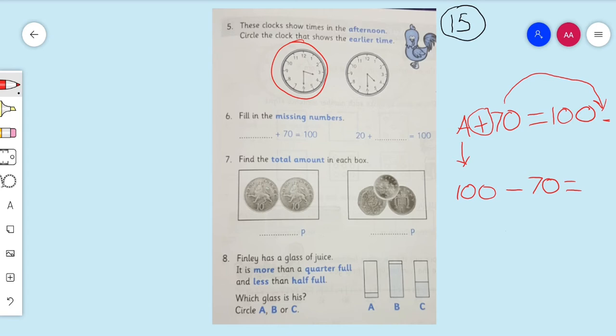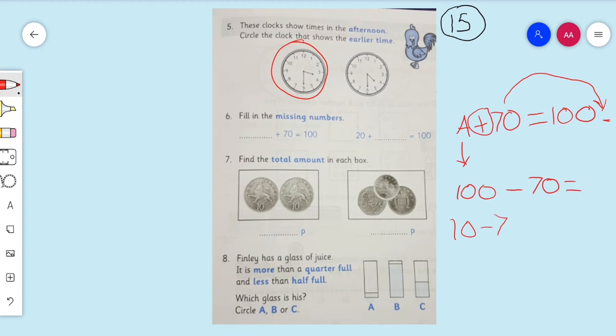10 and 7 are smaller numbers, while 100 and 70 are big numbers, so you might not know how to do it. So if I know 10 take away 7, 10 in your mind and count backward 7. 10, 9, 8, wait.